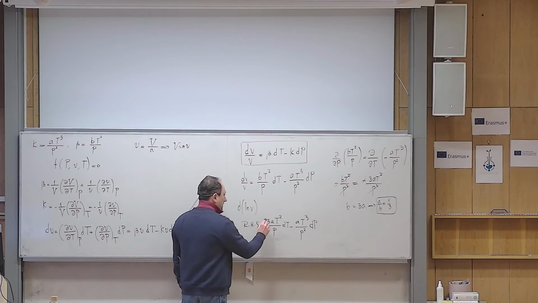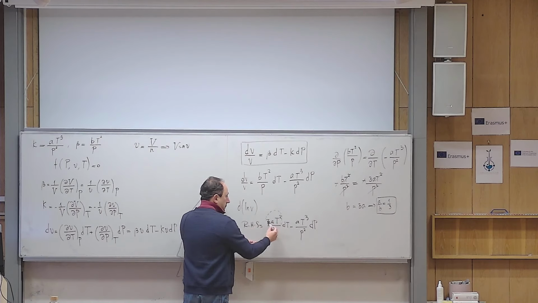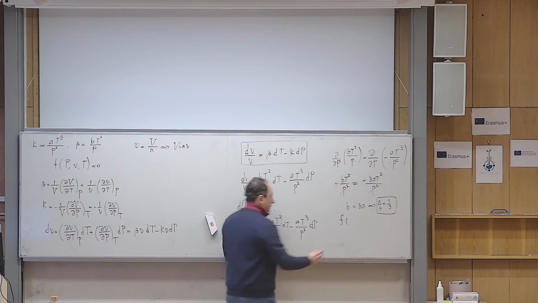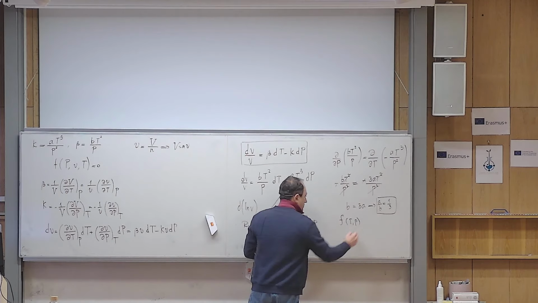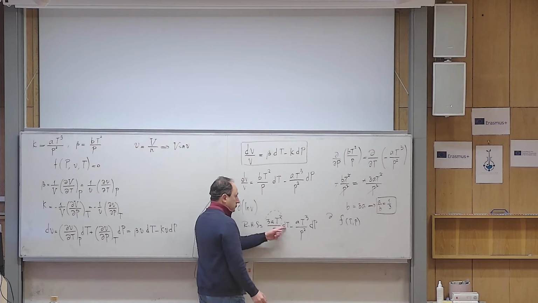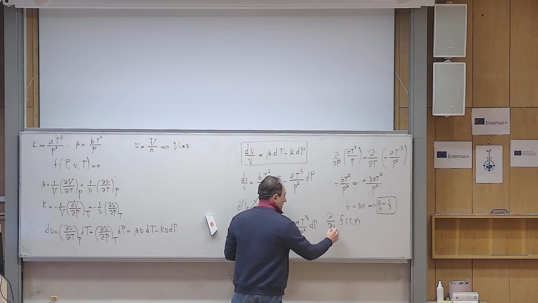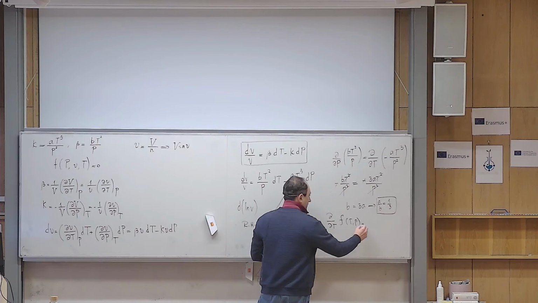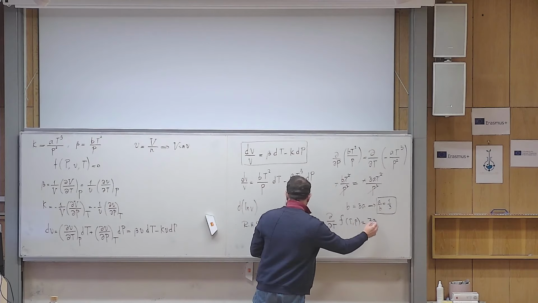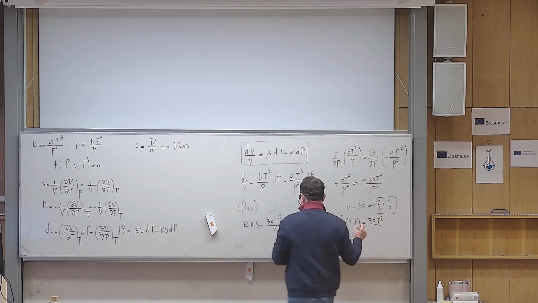So I would say that if this is going to be an exact differential, there should be a function of two variables t and p, so that the partial derivative of that function with respect to the variable t should be equal to that expression, 3a t squared over p.